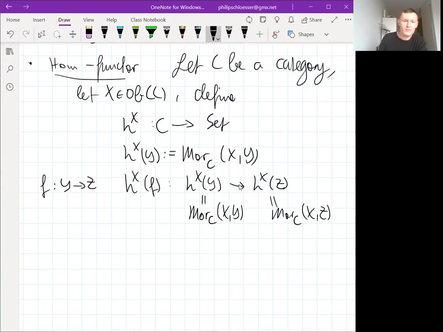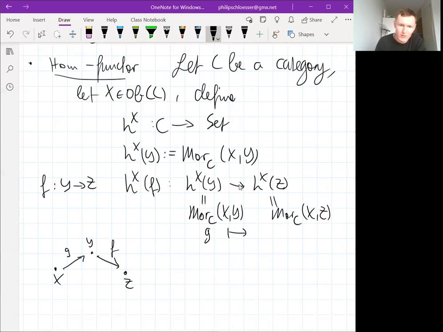So I draw it here. If we take an object in there, we are basically in the situation that we have a morphism from X to Y called g, and a morphism from Y to Z called f.